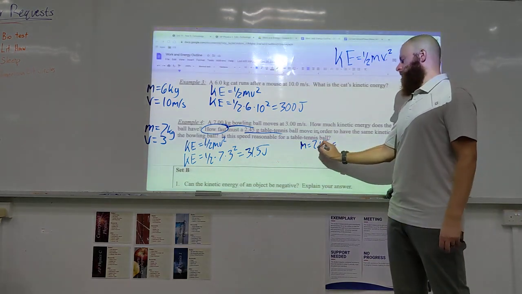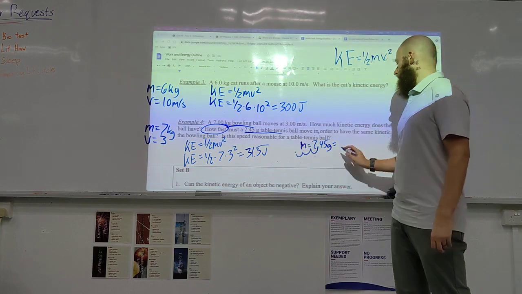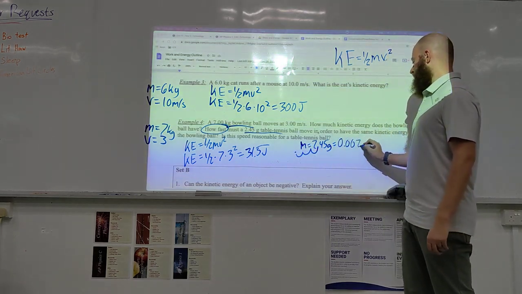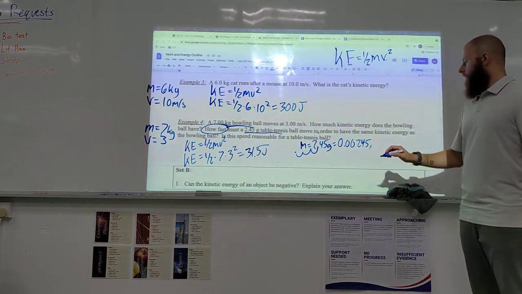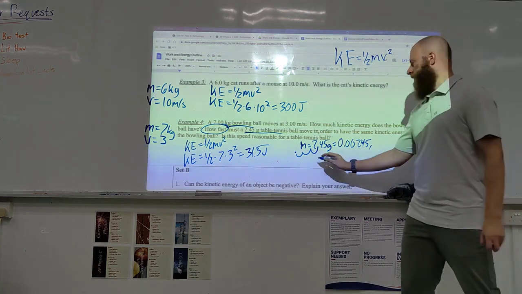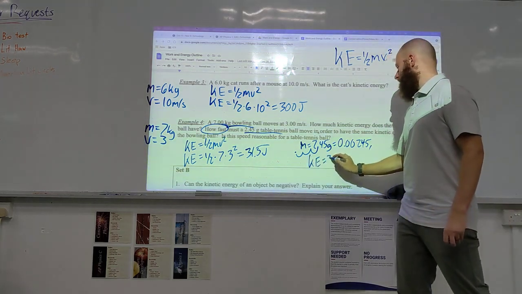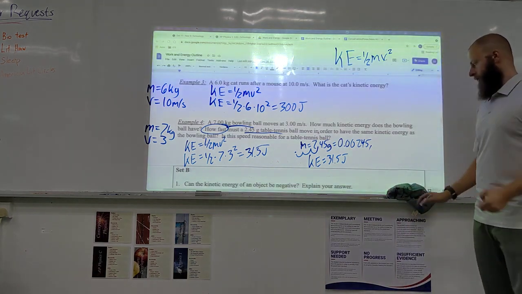I need to move my decimal place 3 times. 1, 2, 3. So that'd be 0.00245. And then my KE equals 31.5 joules, and I'm trying to find velocity.